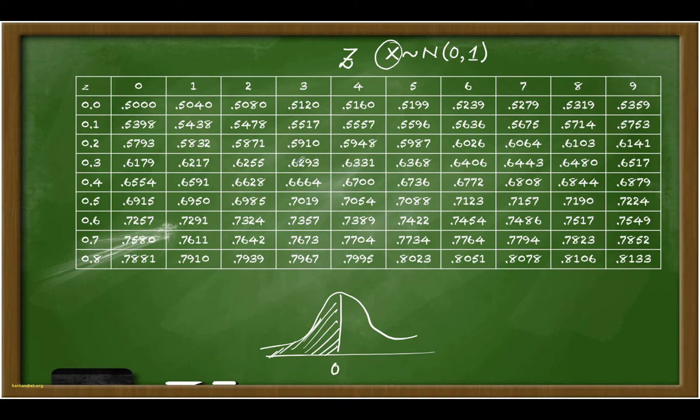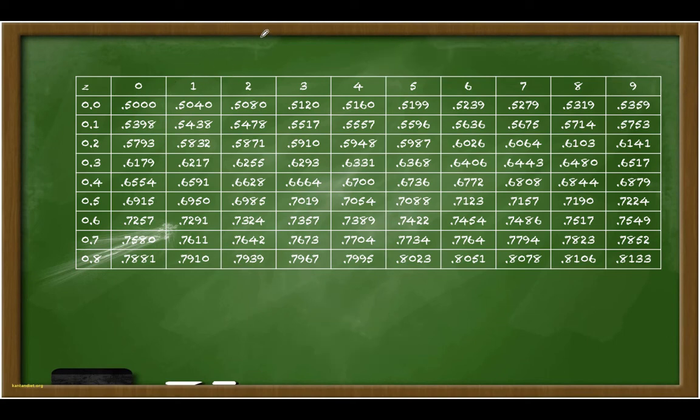And if you want to find the probability that z is less than or equal to 0.54, you will see 0.5 here and 0.04, which is the second decimal place, so 0.54. The probability that z will be less than or equal to 0.54 is 0.7054. In other words, this is the cumulative probability.